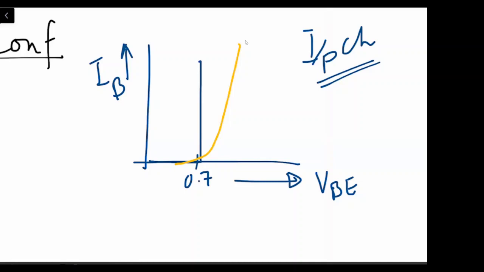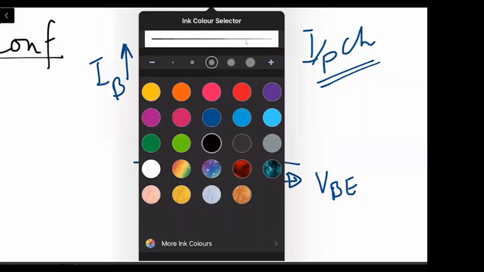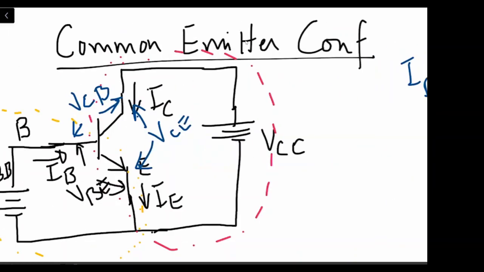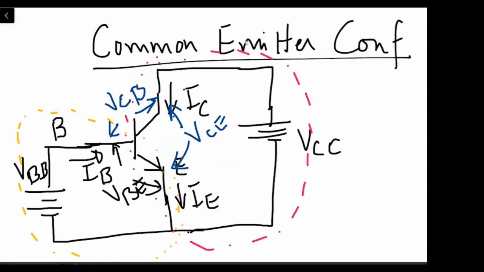Are you with me? Yes, sir. Right? So at 0.7 volts, we will have a curve something like this. Now coming to the output side of the common emitter configuration, we have the current IC, and the drop between the two terminals of the transistor, the collector and the emitter.